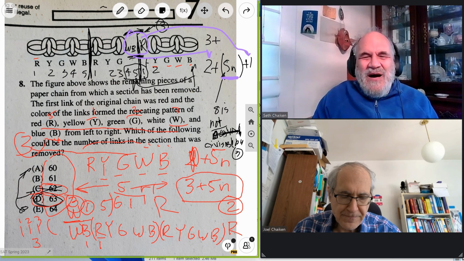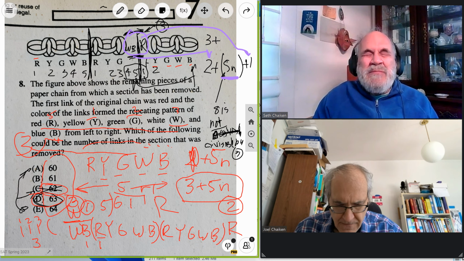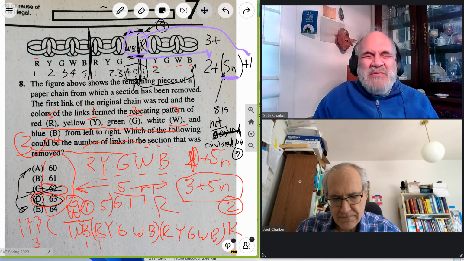But the gap is not simply a repetition of the period they gave.